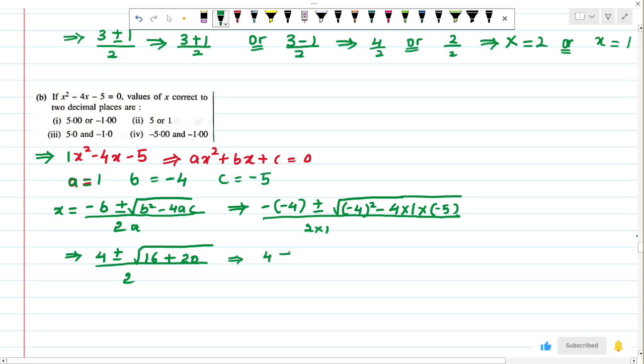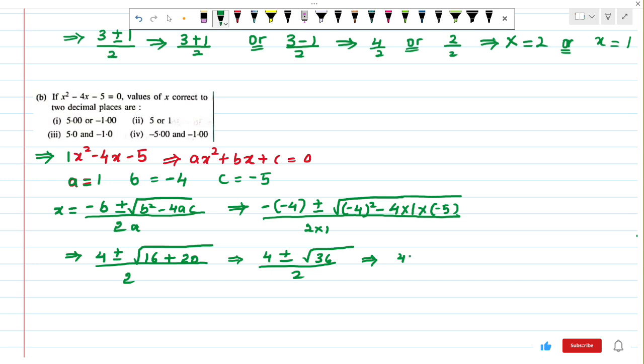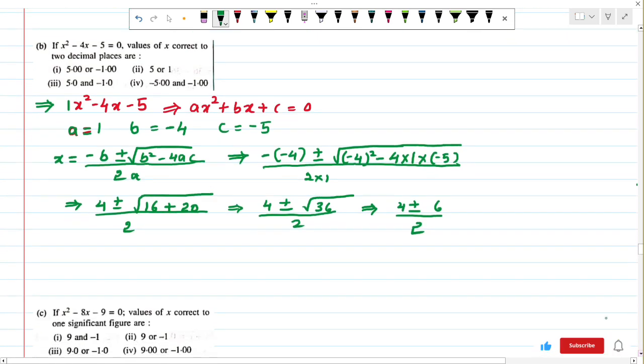So 4 plus or minus root of 20 plus 16 is nothing but 36, divided by 2. So if I simplify this, 4 plus or minus 6 divided by 2. So I'll get again two possibilities here. So I'll substitute 4 plus 6 divided by 2 or 4 minus 6 divided by 2 here.